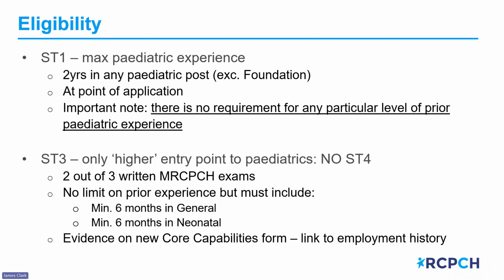Everything else will just be written into the forms themselves. But those documents, the core capabilities form and the person specifications, which have all of this eligibility criteria on them, are all currently posted on the college website. And the person specifications themselves and the more general information is all on the NHSE MDRS medical training site as well.